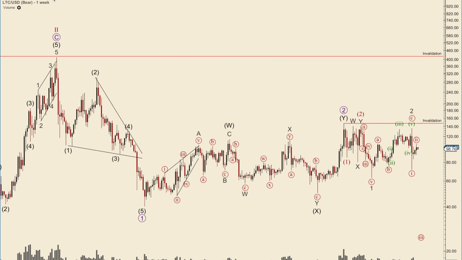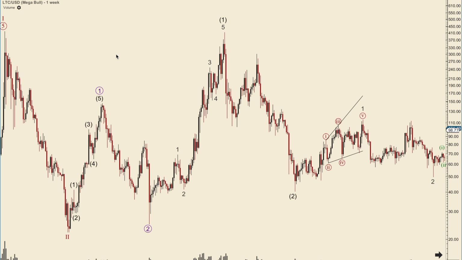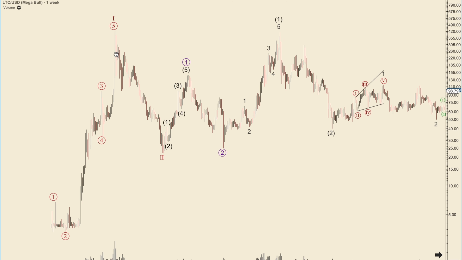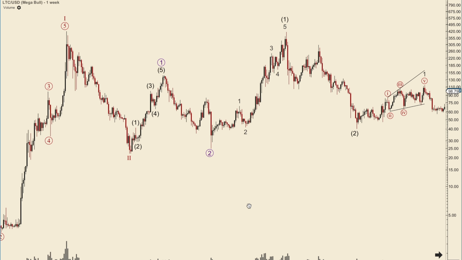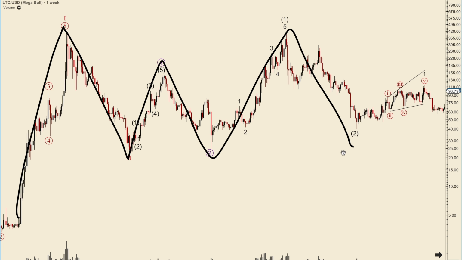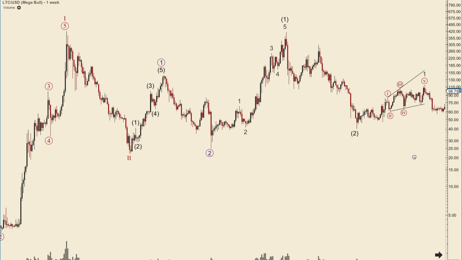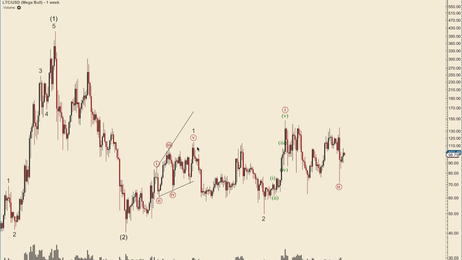And that is a scenario as well. And then I have my mega bull, but this doesn't really have the best count. This is just a simple count. I didn't bother marking everything here, but it's just a super 1, 2, 1, 2, 1, 2, 1, 2, and let's see, 1, 2, 1, 2.